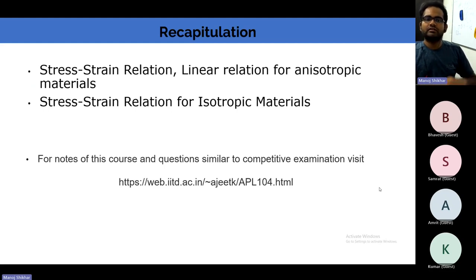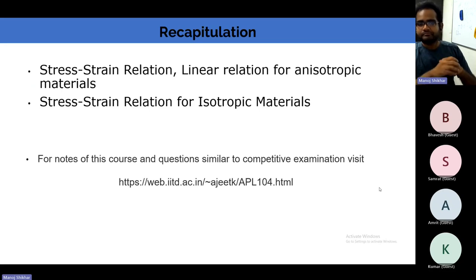The lectures were stress-strain relation, linear relation of anisotropic materials, and stress-strain relation for isotropic materials. Now the notes of these lectures which have been covered in NPTEL, you can find from the following website. This is the website of Professor Ajit Kumar.